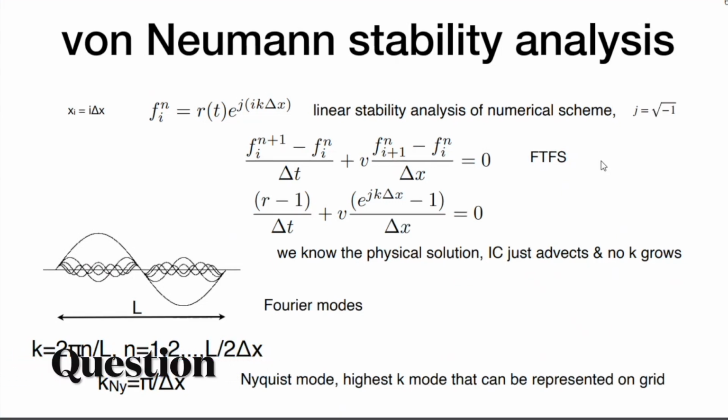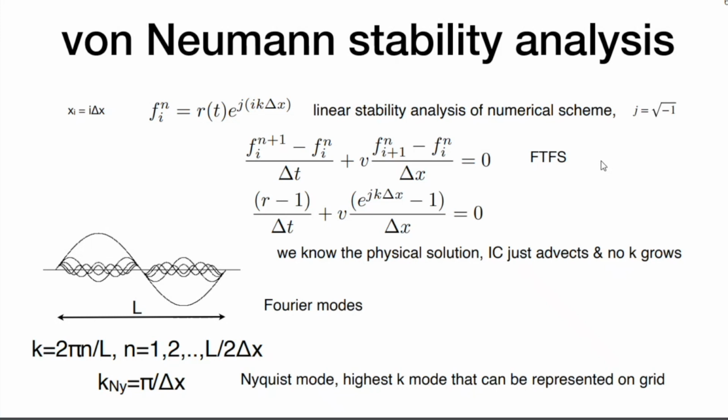Can I comment on the Nyquist mode? Right. So suppose you have a grid. If you have a value here and a value here, this is one of my k modes. This is the highest k that I can represent.